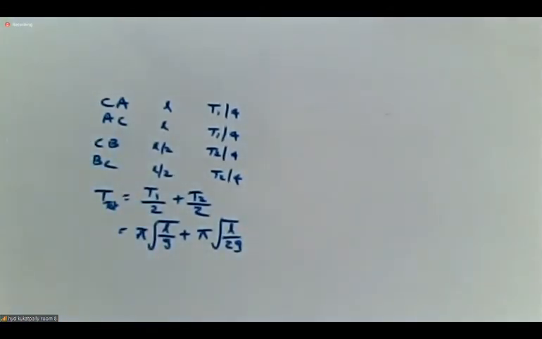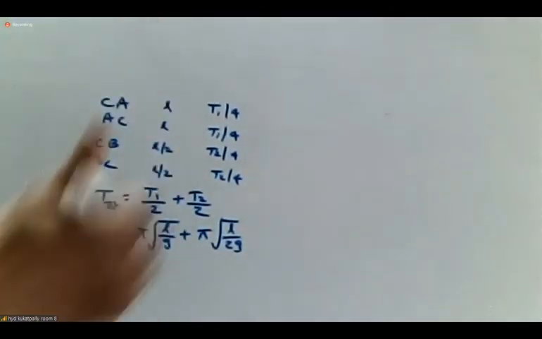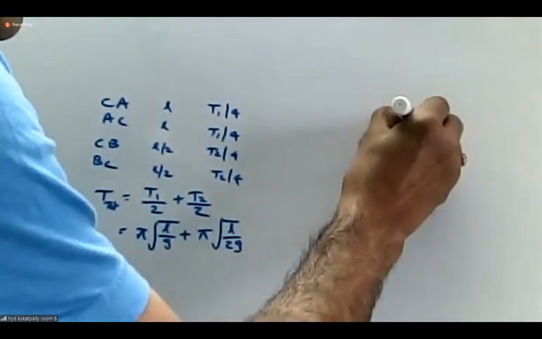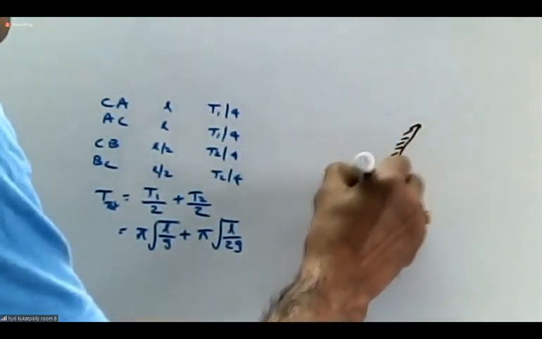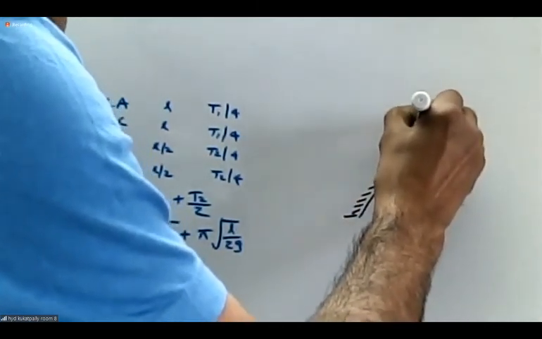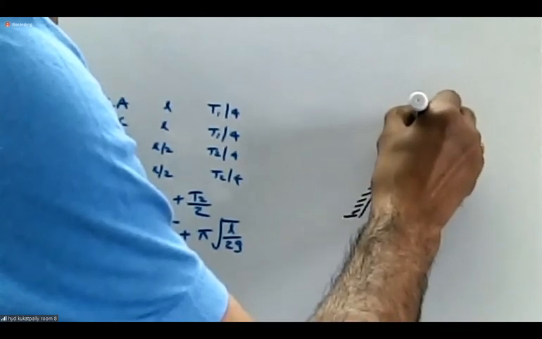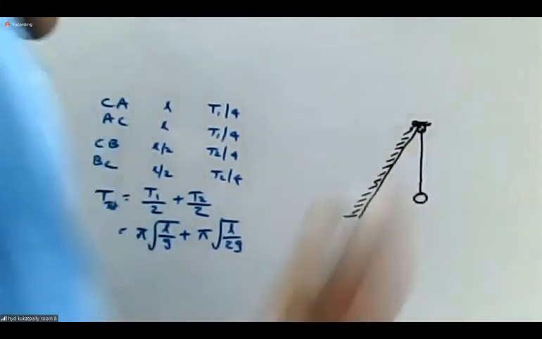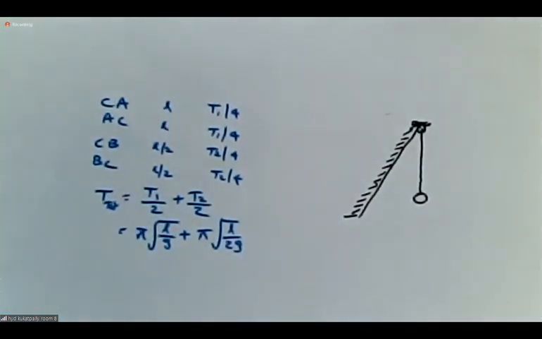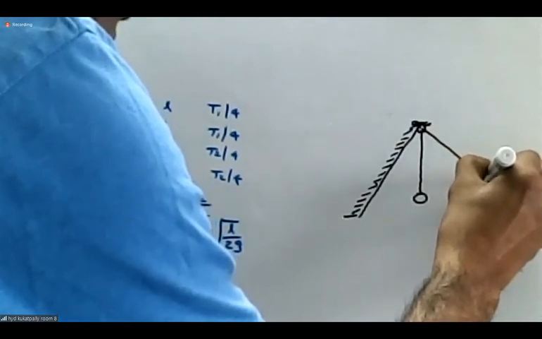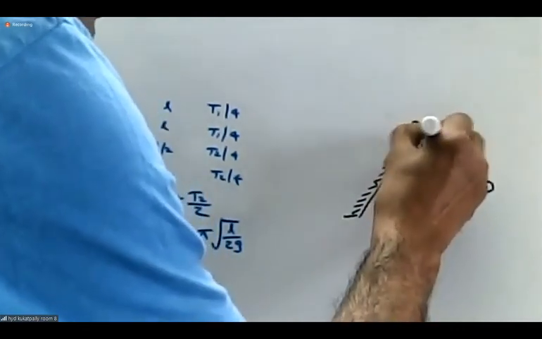Alternately, we'll take up another problem. There is a wall here, an elastic wall. A pendulum is suspended here, and this is swung to an angle of say beta.